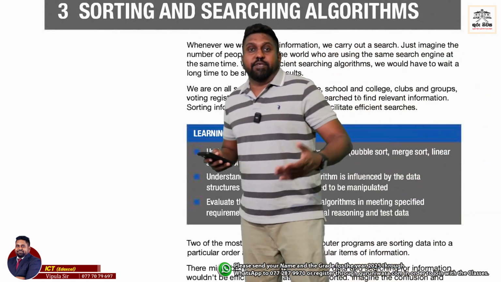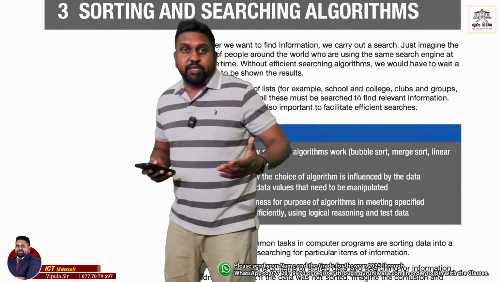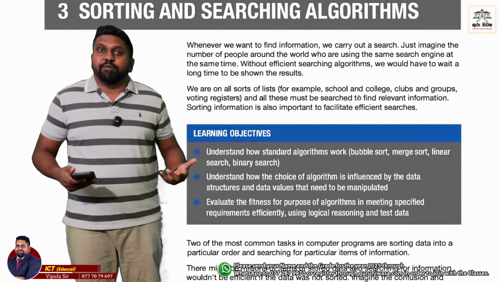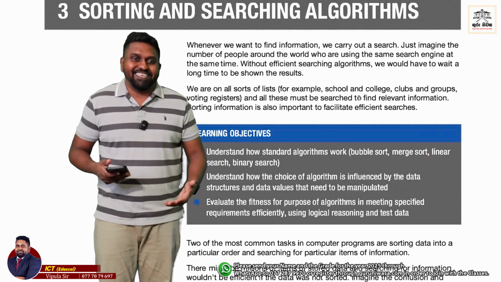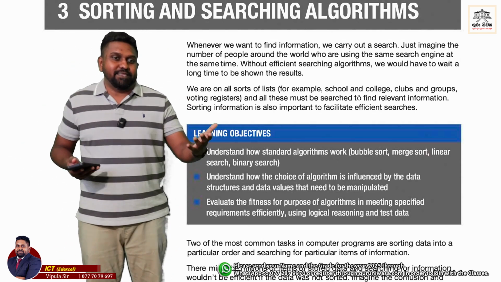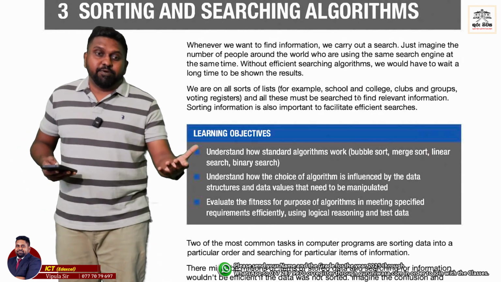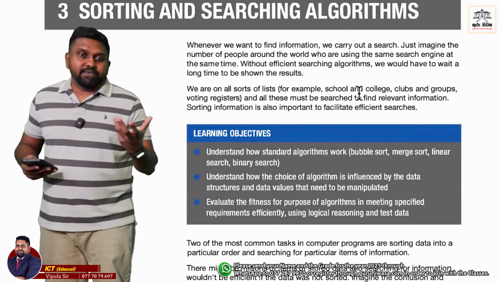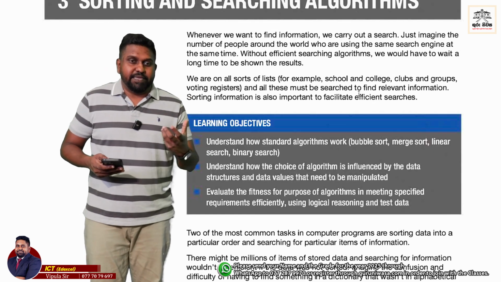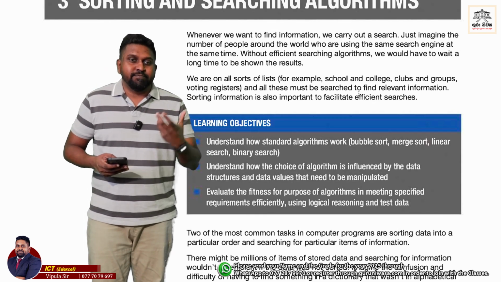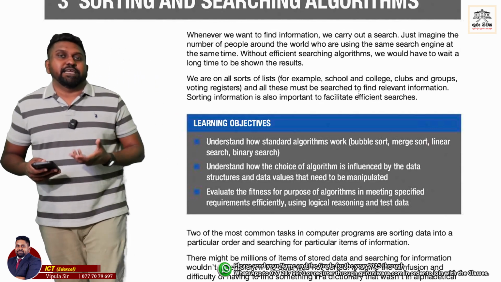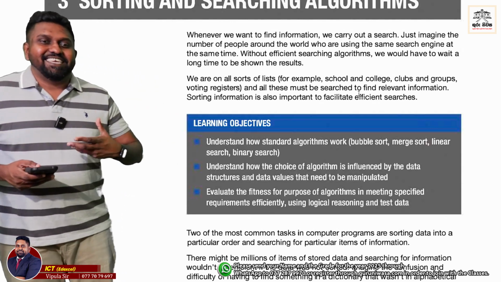It can be something to do on a search, or it can be something to go through a certain set of numbers. Or as you can see in this example, just imagine the number of people around the world who are using the same search engine, right?